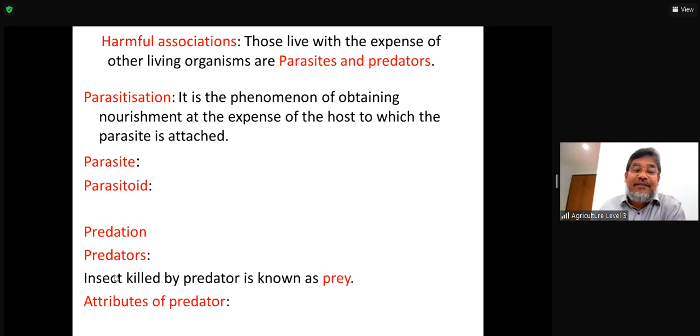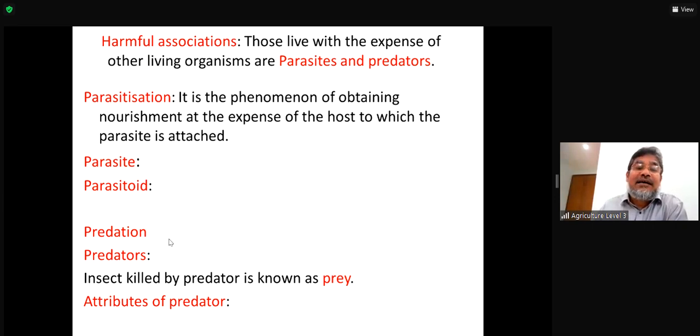Insect which will be killed by the predator is known as a prey. So praying mantid, you have heard the name praying mantid. Praying mantid is an insect which survives not on plants, it survives on other small insects. It catches the other insects, and the other insect is called a prey. So in this case, we can also say there are many predators in nature.